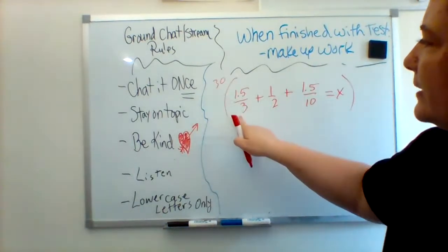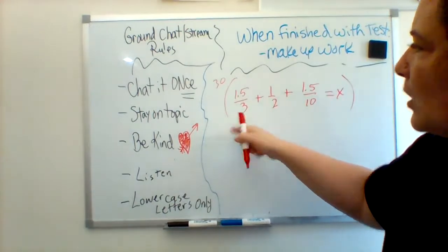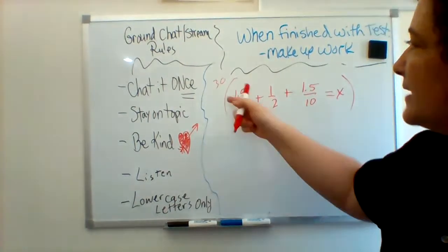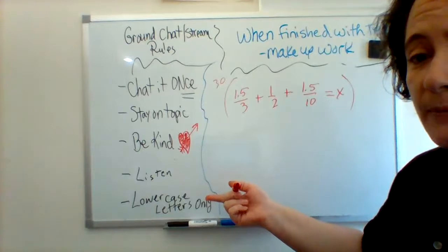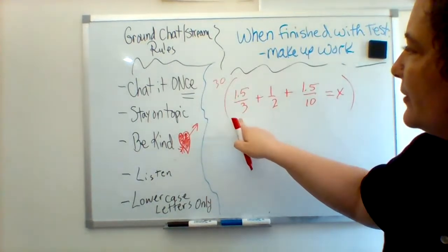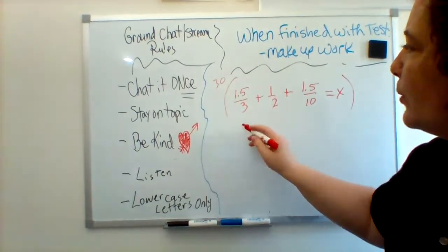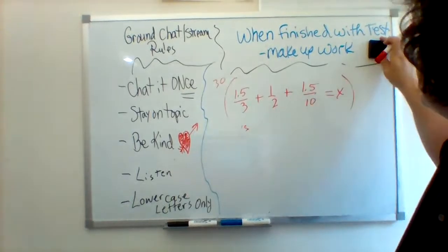All right, 30 divided by 3 is 10. Oh, this kind of worked out nice because I just was talking to you about multiplying by 10. So 30 divided by 3 is 10, and then 10 times 1.5, you should get 15.